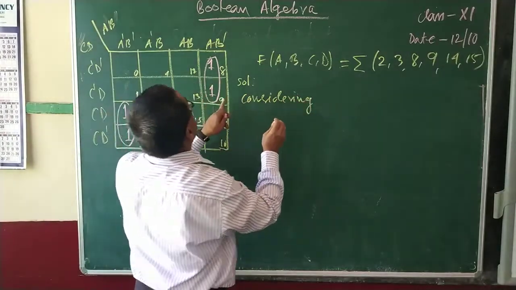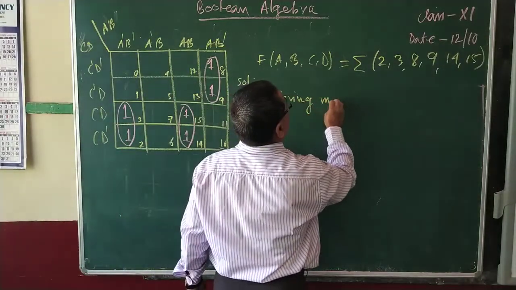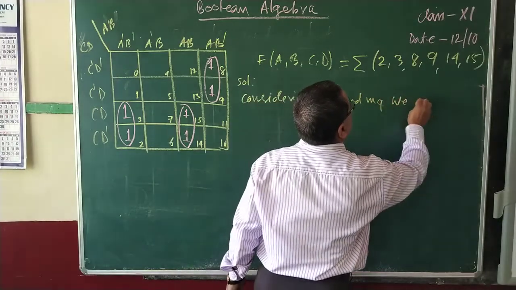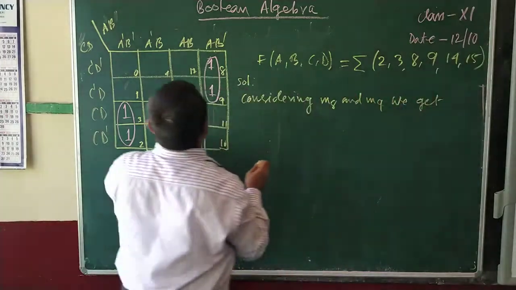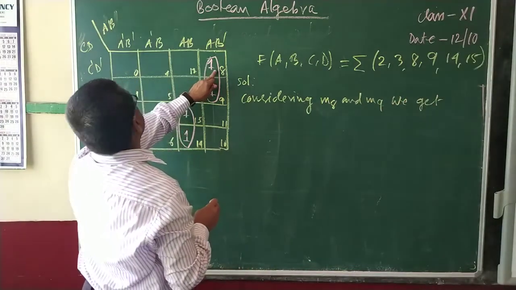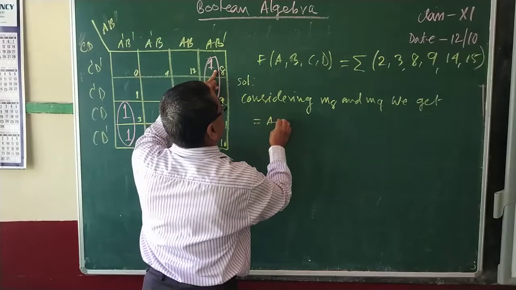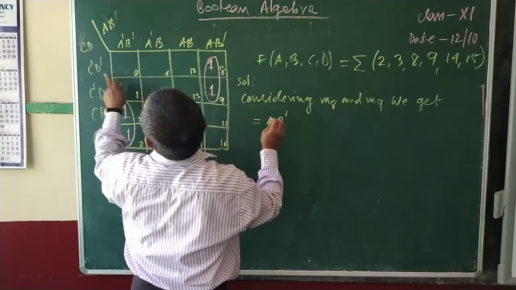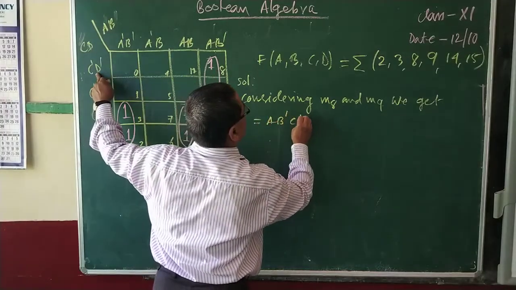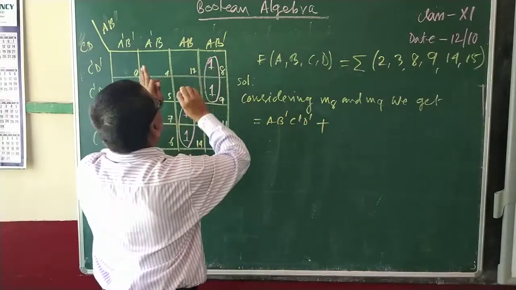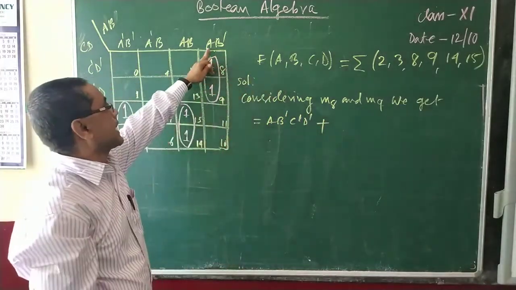M8 and M9, we get M8 equal to A B complement C complement D complement plus A B complement C complement D. Our order is ABCD, that's why I am writing the AB part.